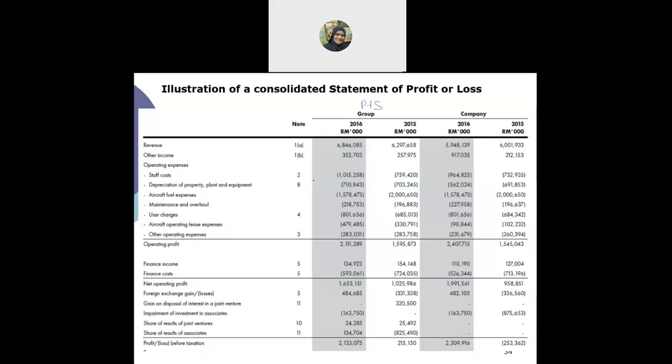We look at the operating items that relate to the interest here: gain on disposal of interest in the joint venture, impairment of investment in associate, share of result in the joint venture, share of result in associate. Remember that this one uses the equity method. So you're going to have share of results in joint ventures and also share of results of associates. Okay, this is an example for the statement of profit or loss.